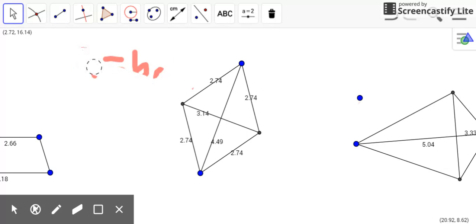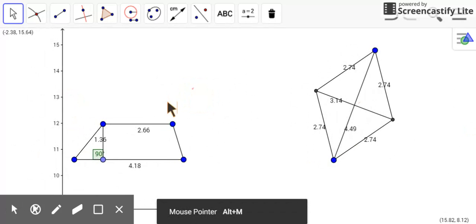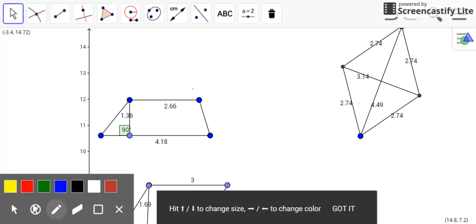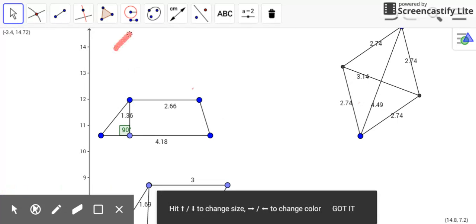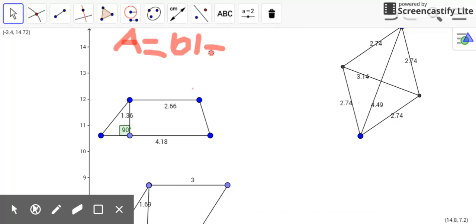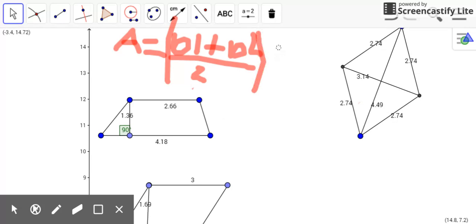Next we're going to do the trapezoid. Trapezoid is a little longer because you have to do more stuff. The formula to find the area of a trapezoid would be area equals base 1 plus base 2, divided by 2, times the height.